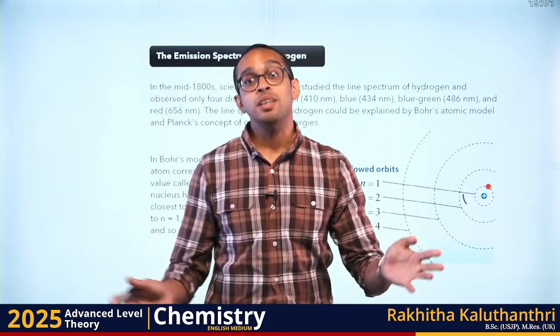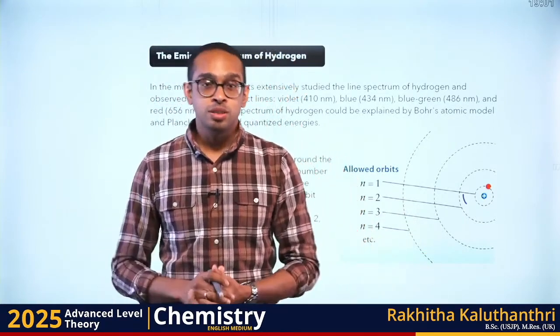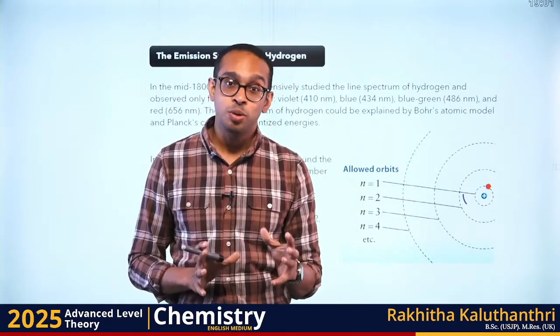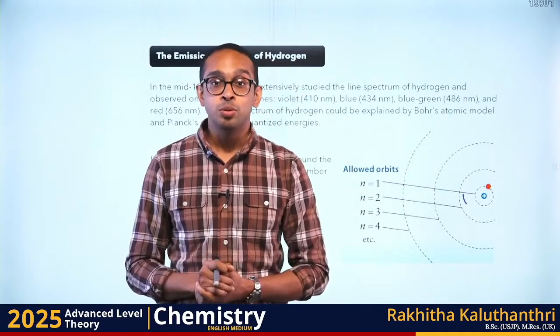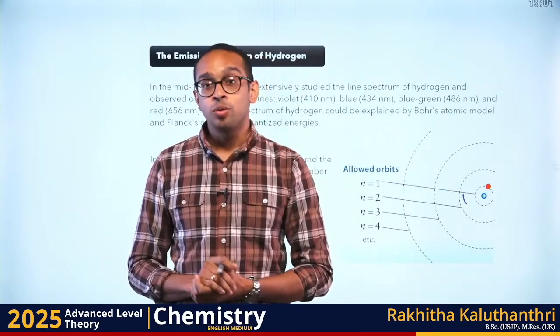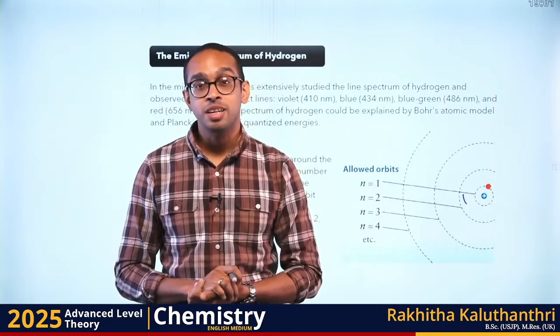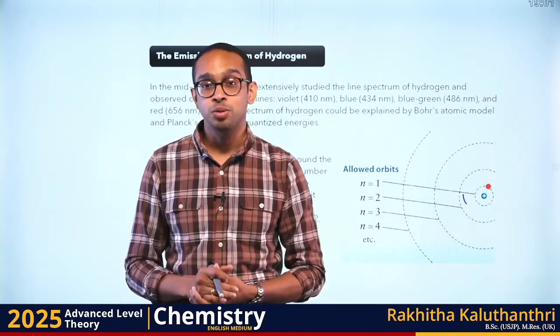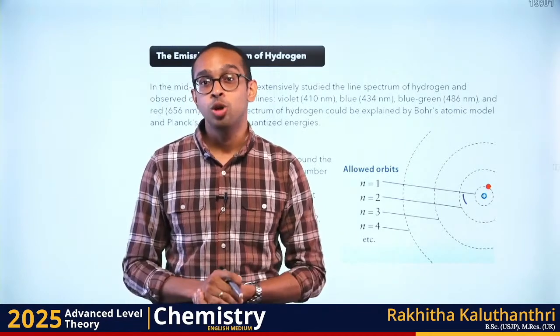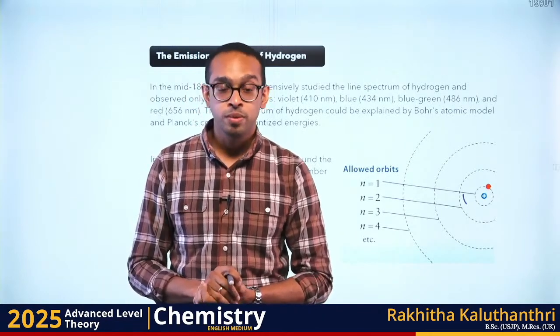So when you are free, you have more energy. And when you are, let's say, bound to a nucleus, or when your teacher is present, like I told, you don't have that much energy, or you don't display the amount of energy you have. We can say that state is a lower energy state, which is more stable.